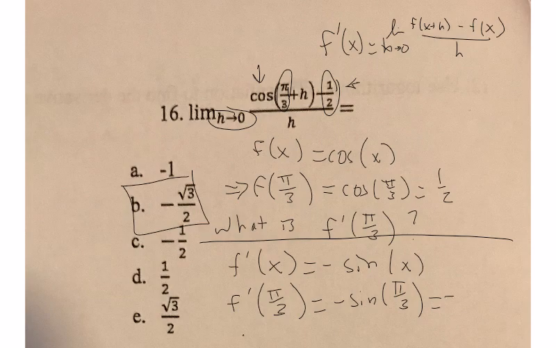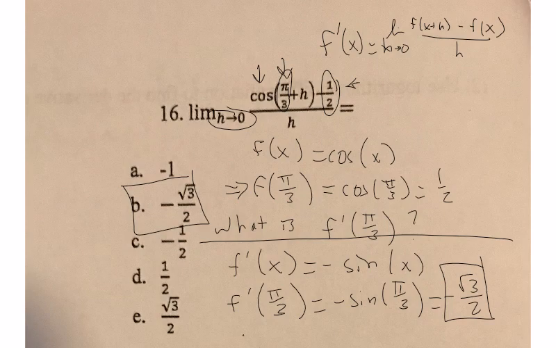So we're going to choose B, negative root 3 over 2. For these definition of derivative problems, my suggestion is to extract out what the original function is, then figure out what the x value is, pi over 3, and do the derivative normally. So there we go. It's letter choice B.